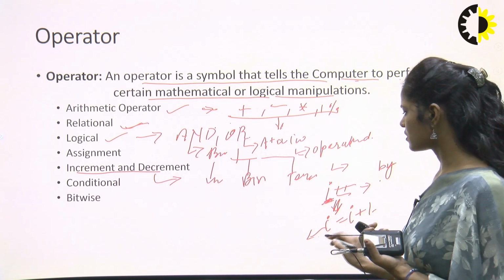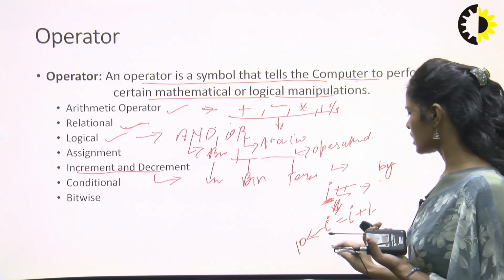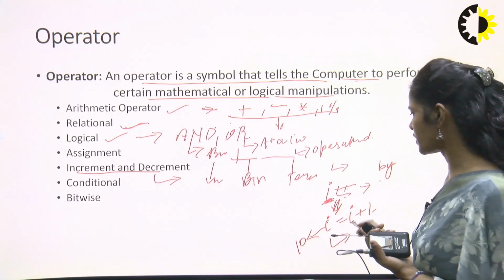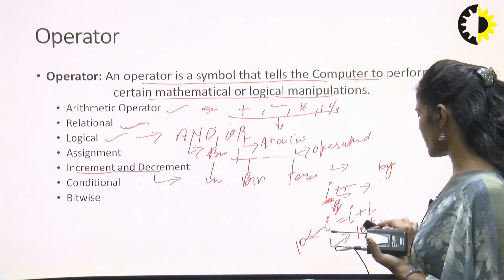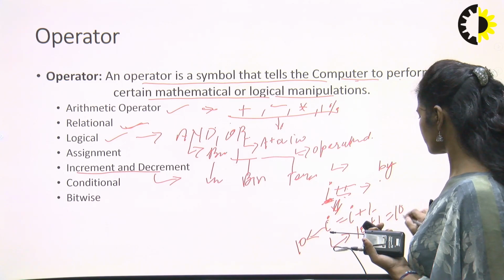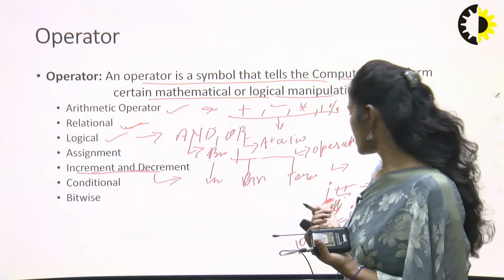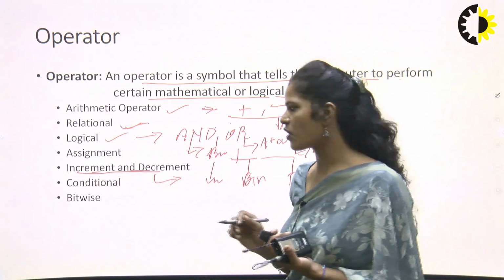Suppose i has a value like 10. Now the final output of this statement is 10 plus 1, that is 11, right? This is the way we can implement the concept of operators.